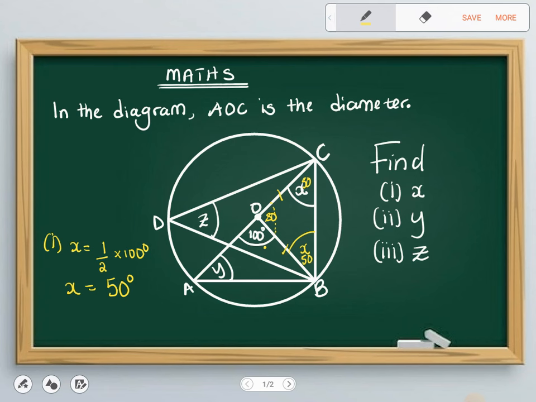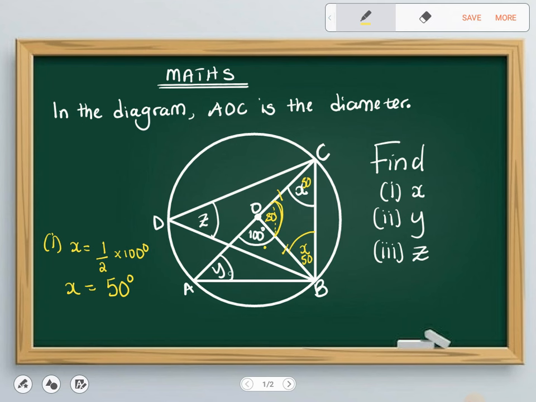Then let's find y. Now, we look at y. It's the same thing as the way x and 100 were. Look at how 100 is, and look at how x is. Now look at y and this other angle on the other side, which is 80. It's like they're opposite. This angle and this angle appear to be in the same position the way x and 100 were.